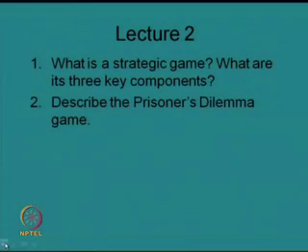So, this is the exercise for lecture 2. We have 2 questions in this exercise. First question is, what is a strategic game? What are its 3 components? So, a strategic game, like any game, is a model of interacting decision makers.